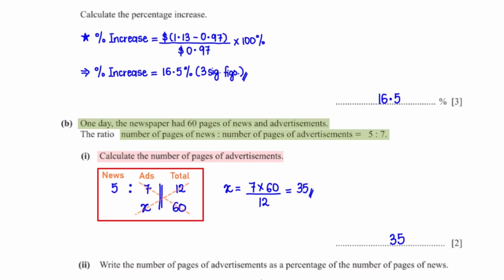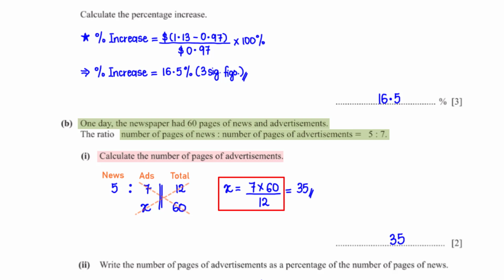We know that the total number of pages of news and ads is 60, and we want to find the number of pages for ads alone, which we are calling X. From here, when we cross multiply and make X the subject, this is what we get. When we type this into the calculator, we get 35.